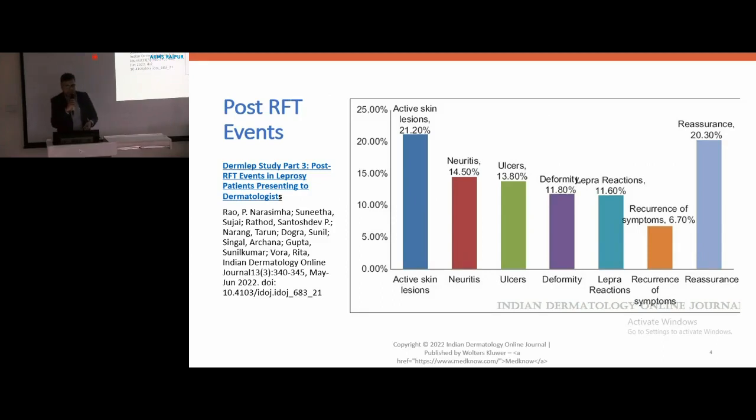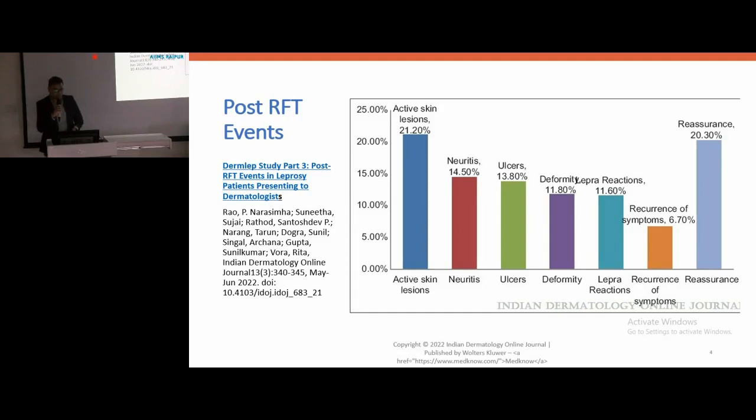But even after completion of MDT, our body's own immune system tries to clear the bacilli, and there is gradual improvement. So most of them come to us for reassurance. These are scenarios we should not confuse with relapse.